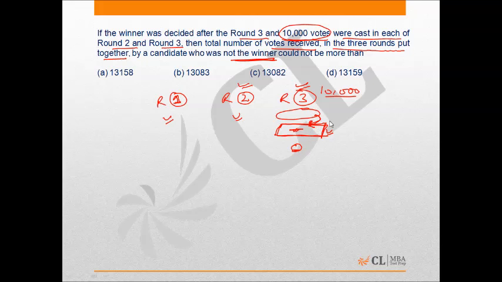I break this 10,000 into 2 distinct values such that those values would be as equal as possible, because I have to minimize this value. When this value is minimized, the second value will be maximized automatically. So the values which I got will be 5001 and 4999, and the third is 0.